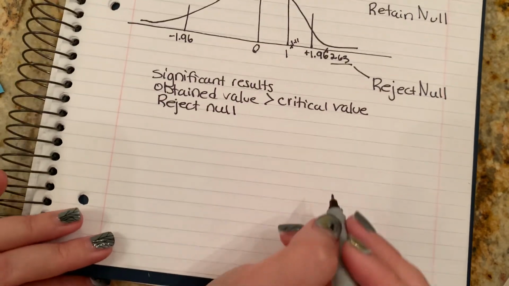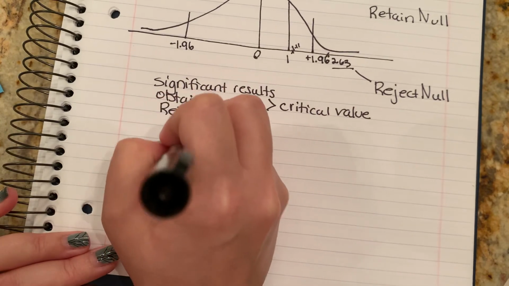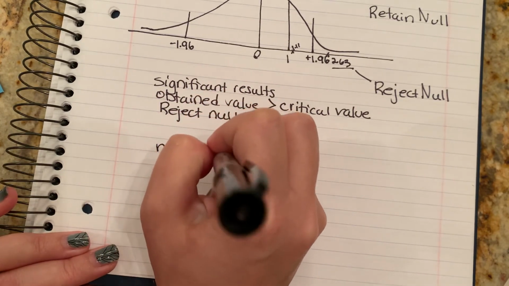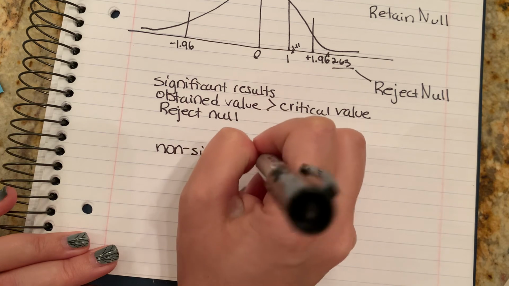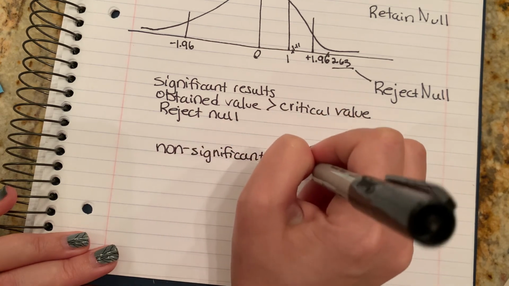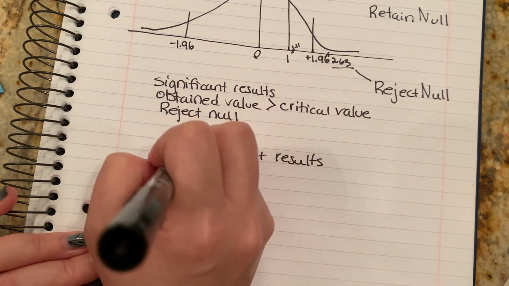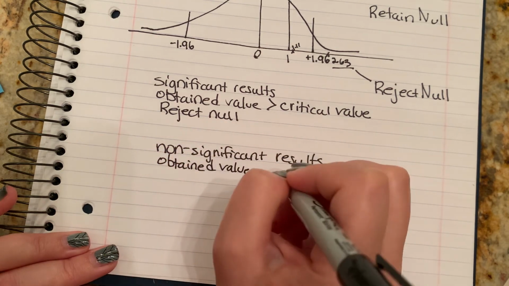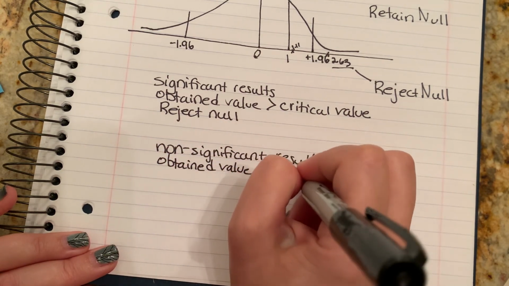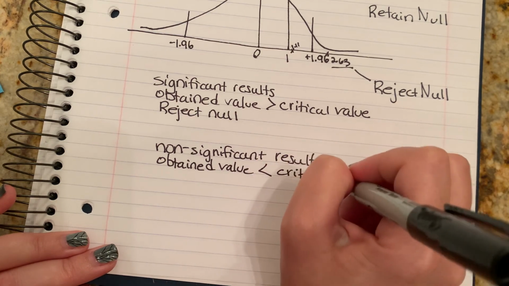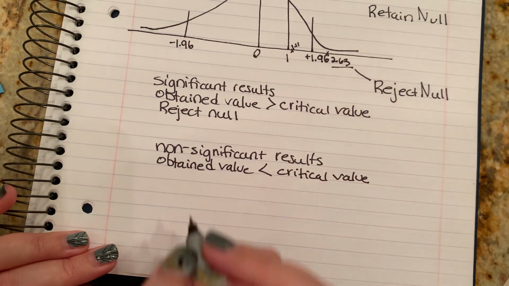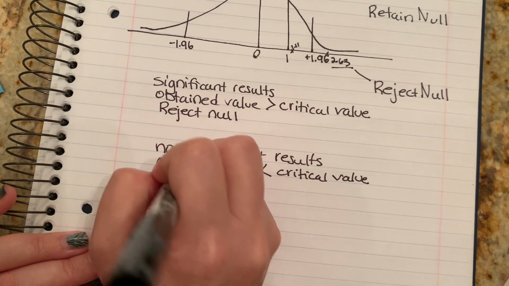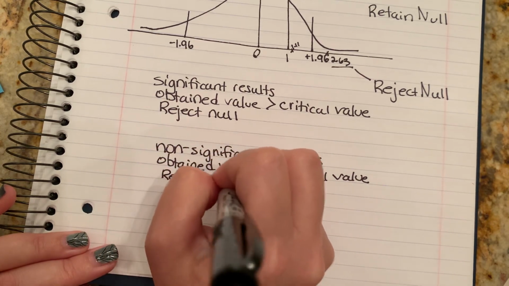We have non-significant results when our obtained value is less than our critical value. And when that occurs, it's probably best to retain the null hypothesis.